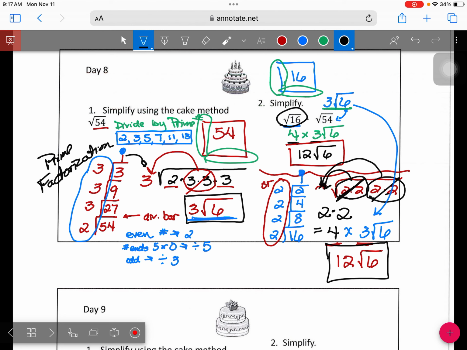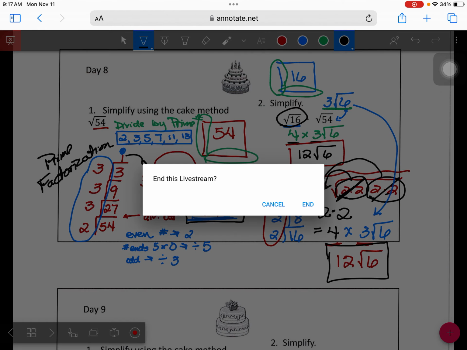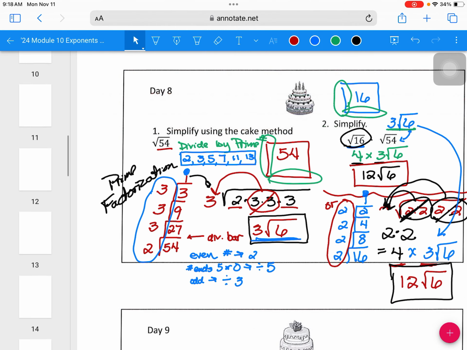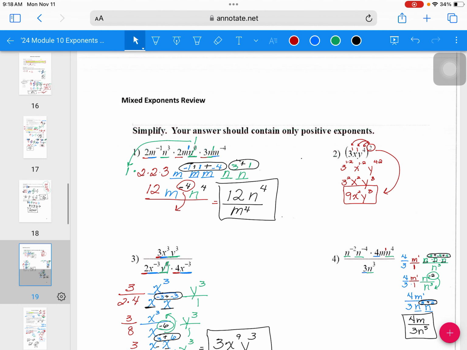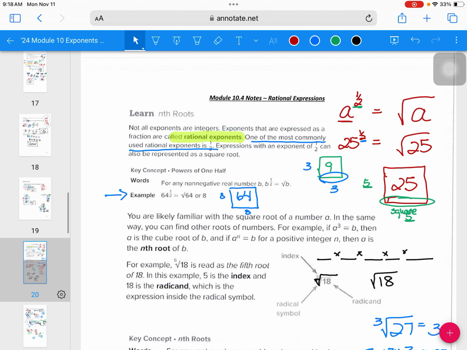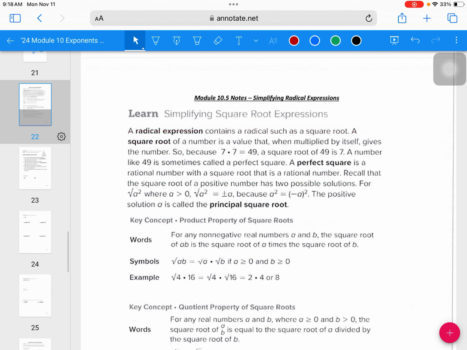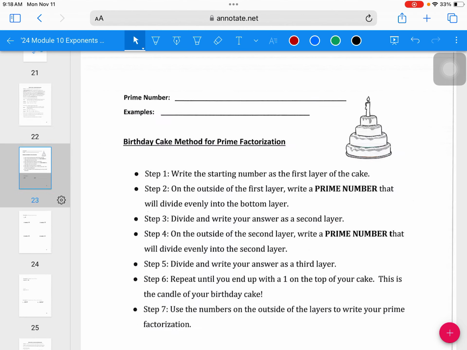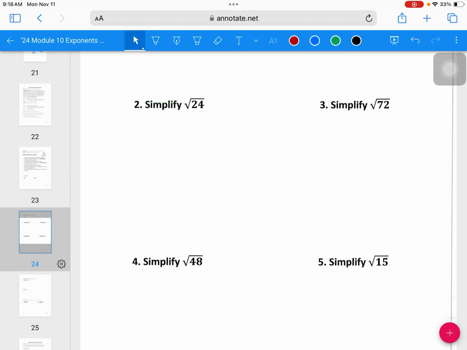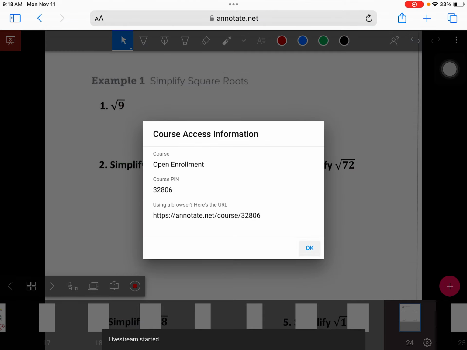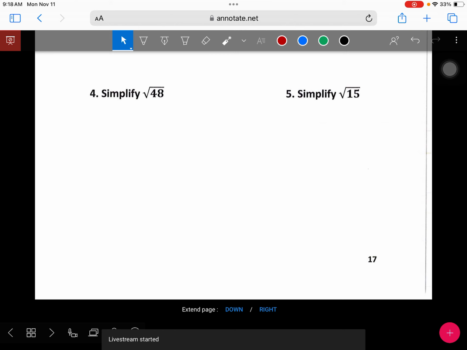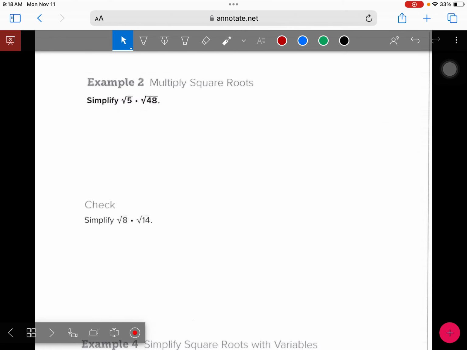Okay, let's go to our notes. I think it's actually page 17. I left 15 up there, but I think it's 17. Please ask questions if you're not sure. 17. Okay, maybe it's 18.